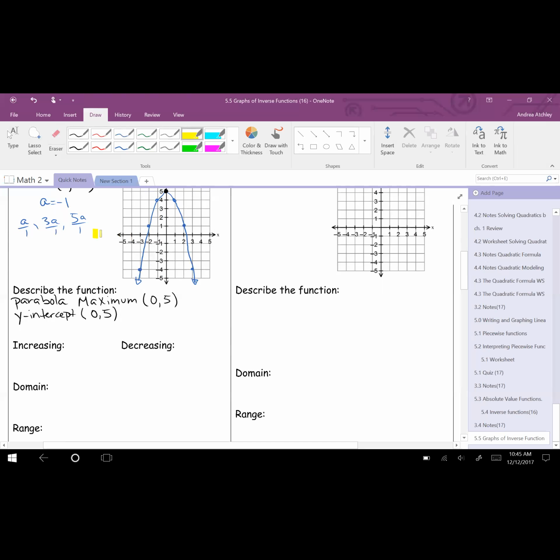So from all the way here to about here is where I'm increasing. And increasing is all about the x values. So it's from negative infinity. At what point do I stop increasing? At 0 for x. These are always the x values.